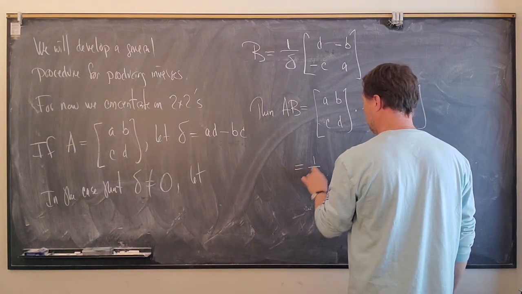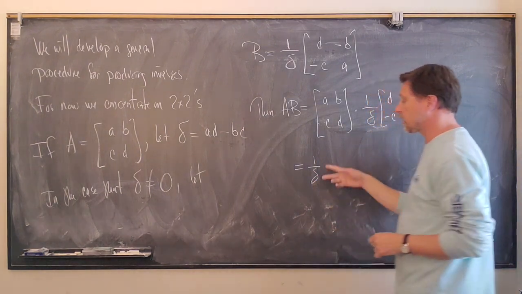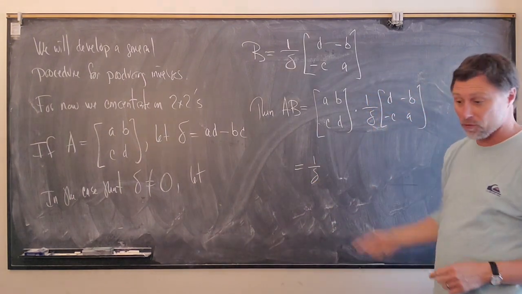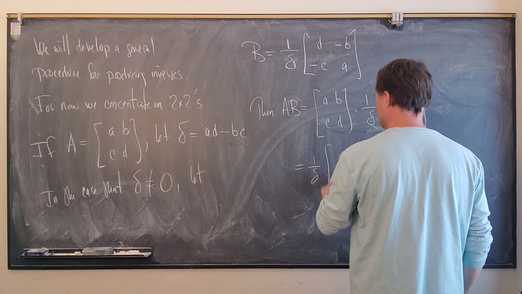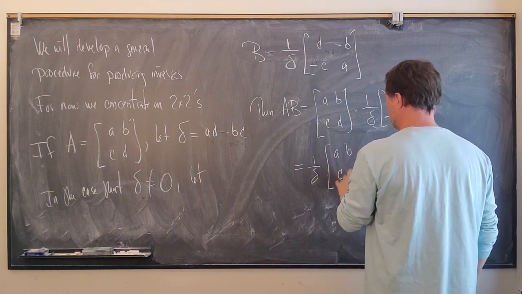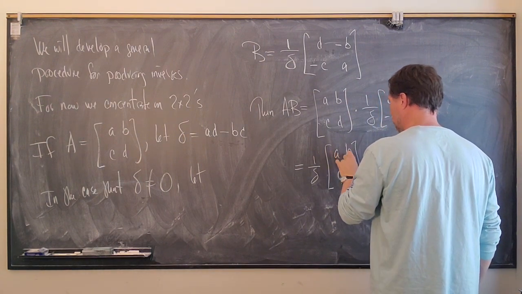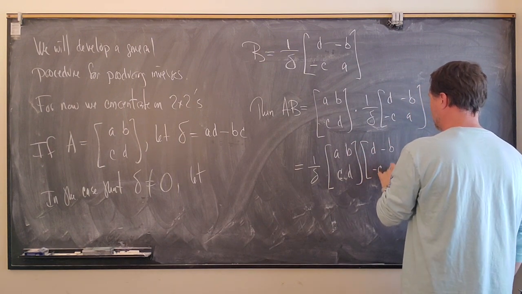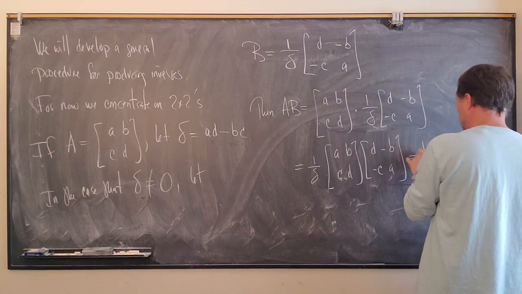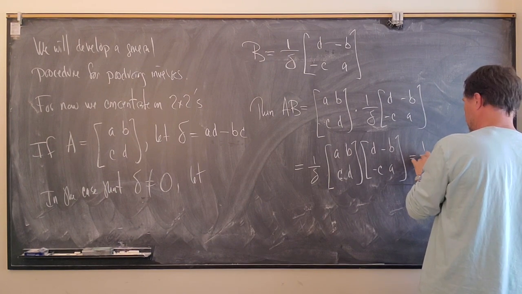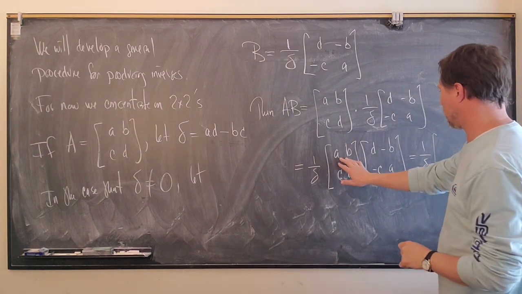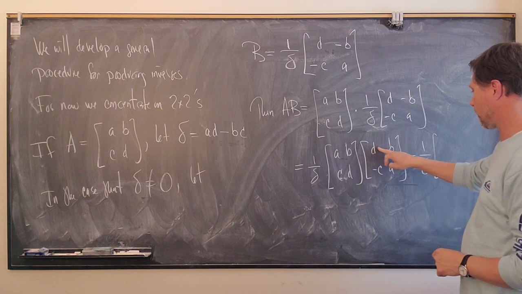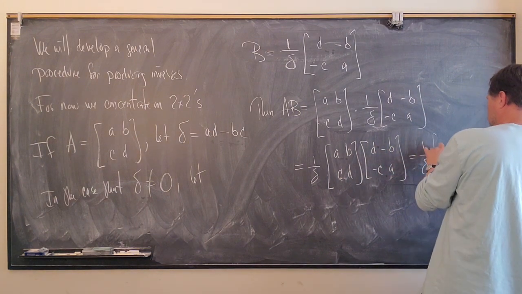One of our properties of matrix multiplication tells us that I can slide this constant out front and do the multiplication A, B, C, D times D, negative B, negative C, A. That's 1 over delta times, all right, what do we got here? This will be AD minus BC.